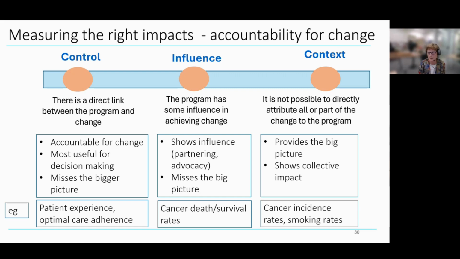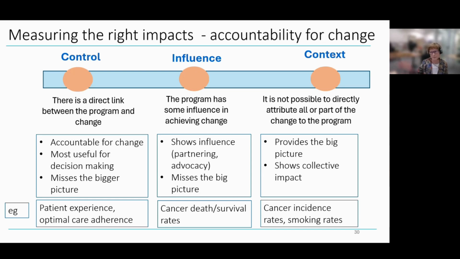And that influence can range from very strong influence to much more subtle influence, and uses a vast variety of techniques, from advocacy and other ways you can influence with your partners and within your organizations. So your accountability for change on those things you influence is lower than your accountability for change where you can control it. And then there are other changes that occur which are contextual.